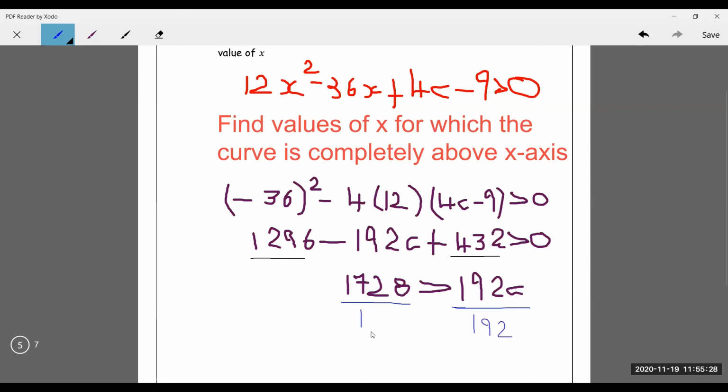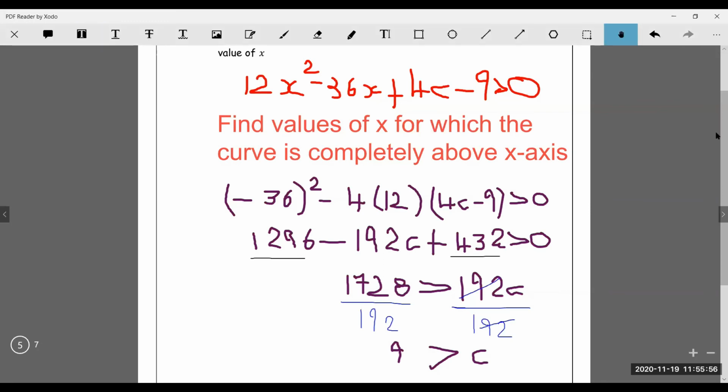The 192 cancels the 192, and so c is less than 1728 over 192, and that is 9. So c is less than 9, or 9 is greater than c.